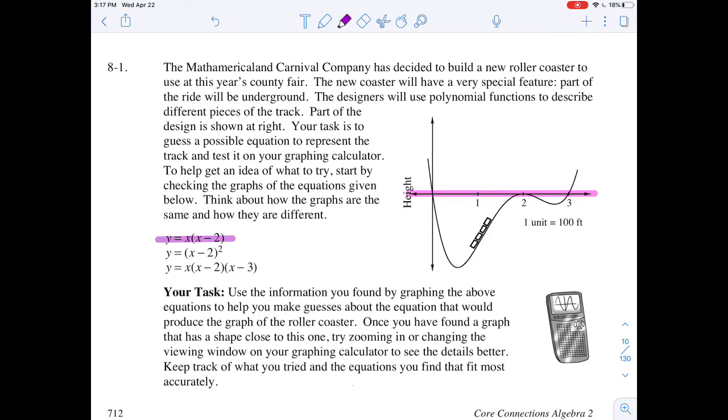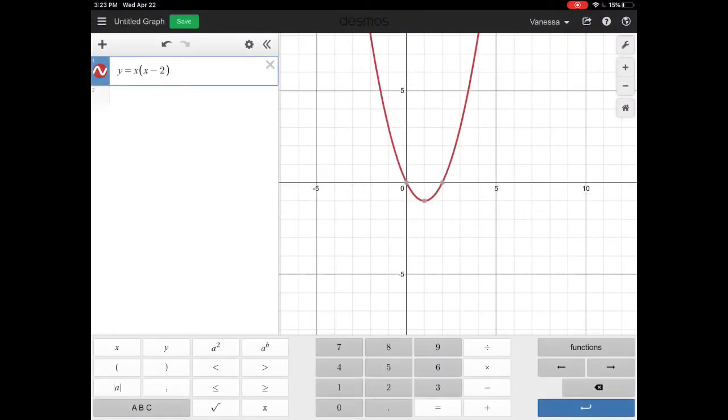and try using Desmos to graph it to see what you remember. So please go to desmos.com to graph that portion. One of the things that I want you guys to notice is the first equation that is given, and this is the graph.